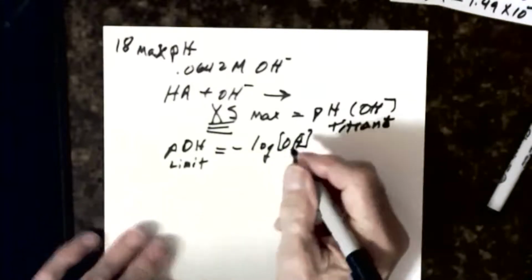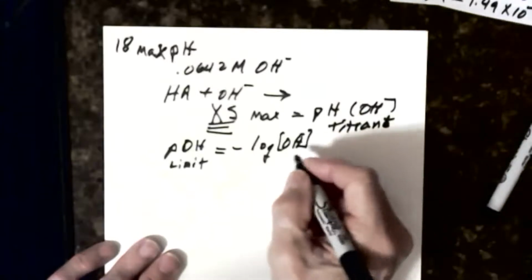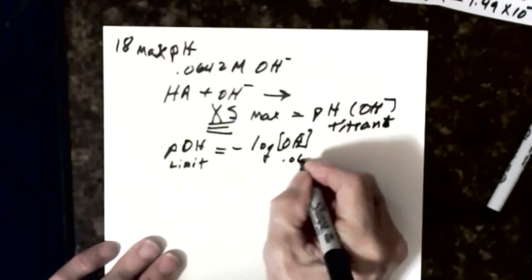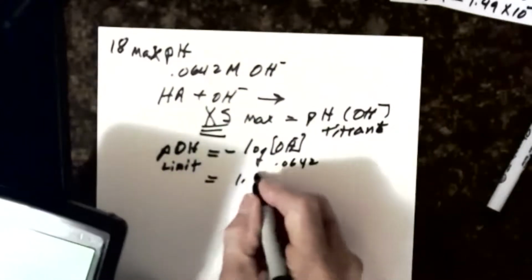And the maximum concentration OH minus could ever be is what it was to start out with, 0.0642. So the pOH limit is going to just be minus the log of 0.0642. That's equal to 1.19.